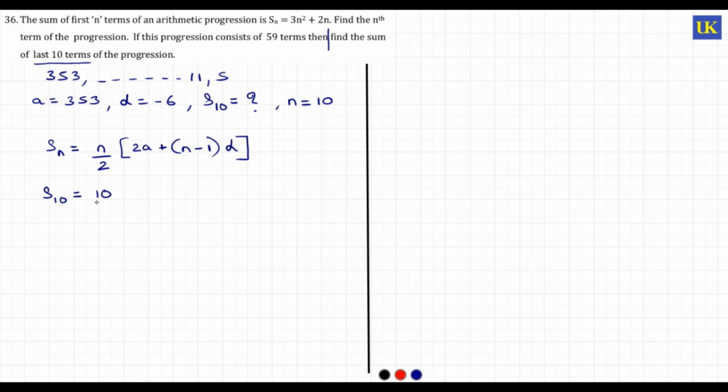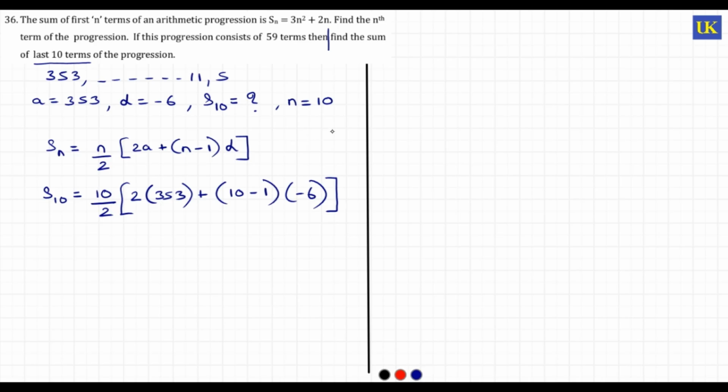So last 10 terms, 10 divided by 2, because n is 10, right? We have taken it here. A means the first term from the last now, which is 353 plus n terms 10 minus 1, and d we have to take negative because we will be going on subtracting.